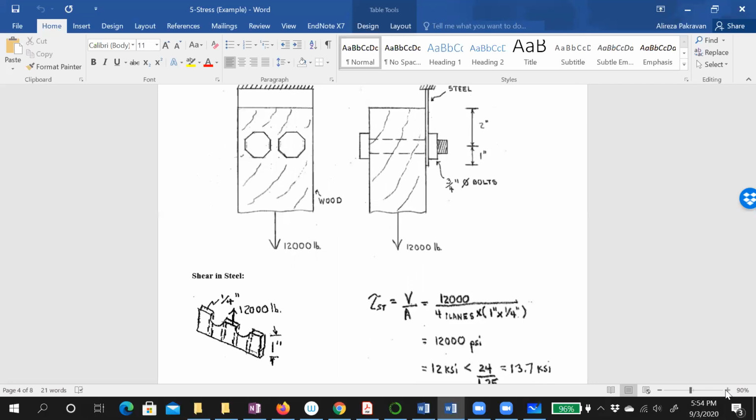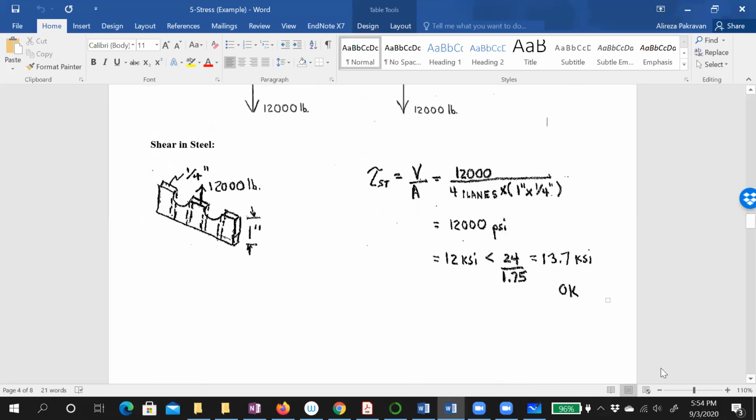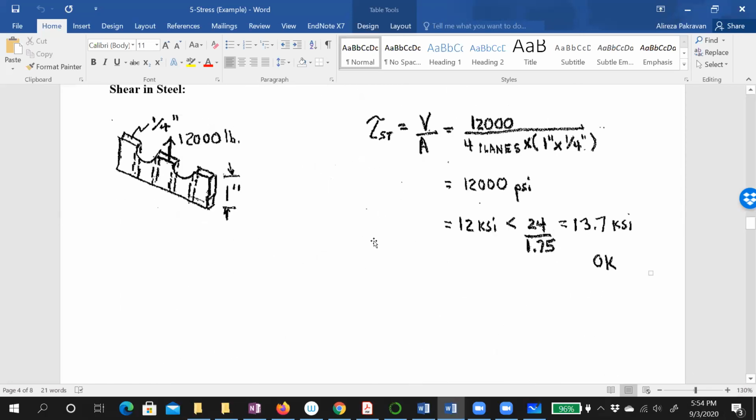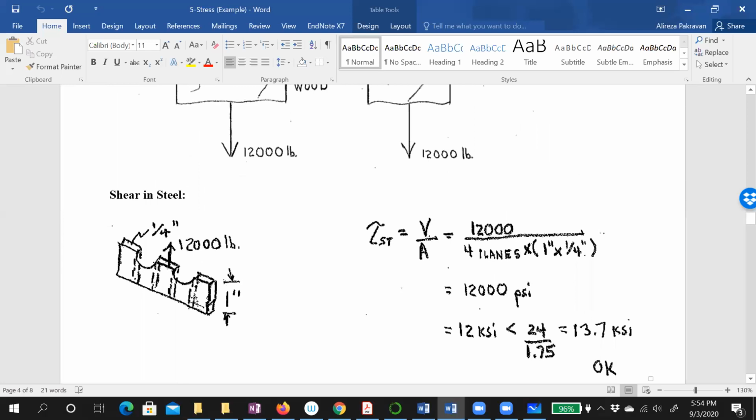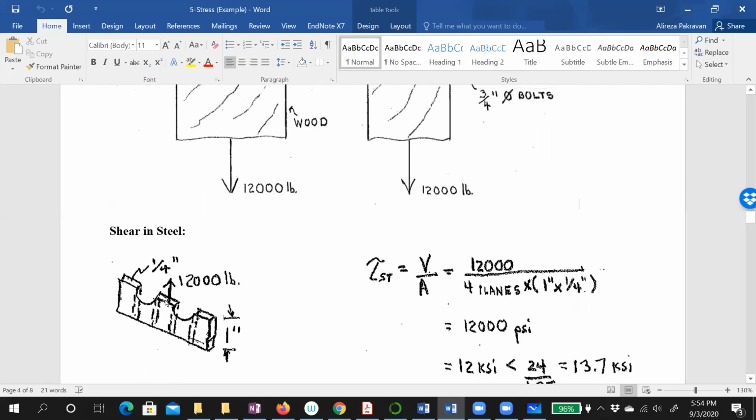Let me zoom in. So I hope you can see these 4, right? I showed you the 2D dimension, and now you can see the 3D dimension. So now this 12,000 force plays the role of shear on this area, and you can see this force is parallel to these areas, right?